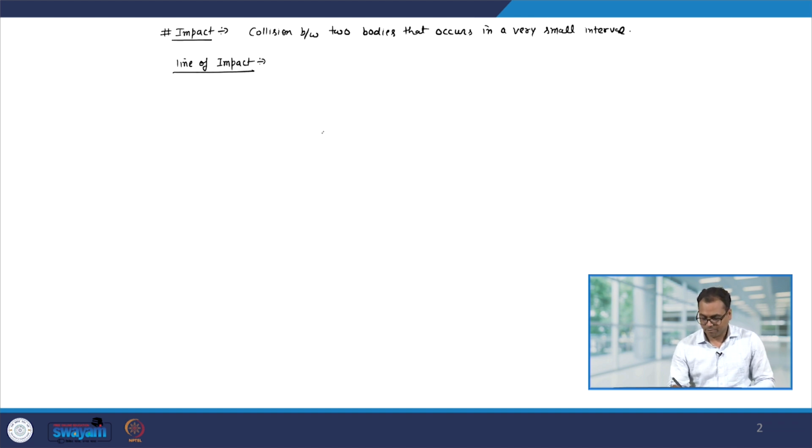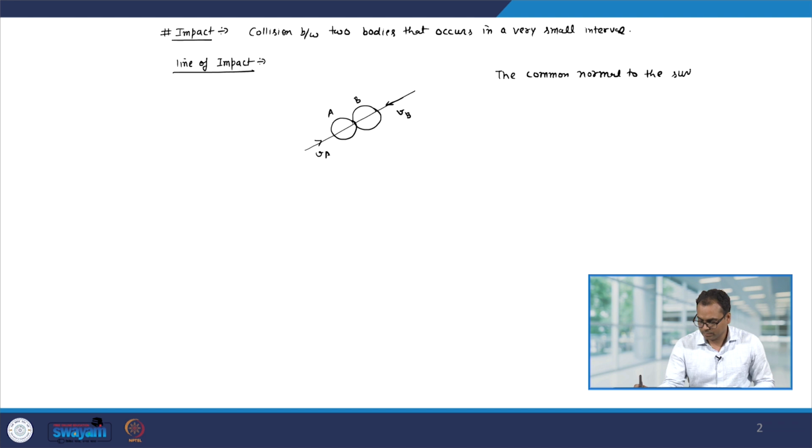So let us say I have a body, let us say A, which is moving in this direction with a velocity V A. I have another body, let us say B, which is moving in this direction with velocity V B. Then the common normal to the surfaces in contact during the impact is called the line of impact.